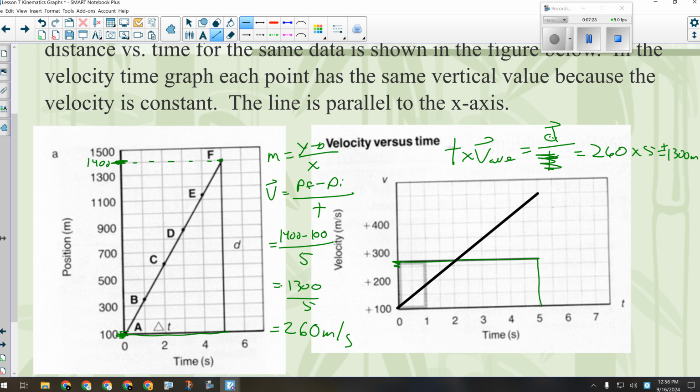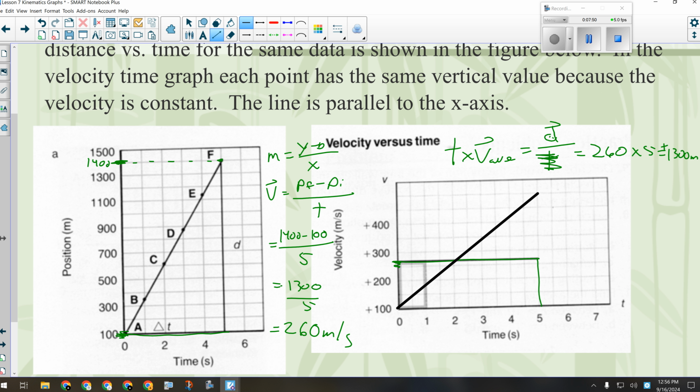Does it still work? What is that object doing? Accelerating. That line shows an object whose velocity is increasing. It went from 100 to 600 in 5 seconds. That's the fast object. It went from 100 meters per second to 600 meters per second in 5 seconds. It is really cooking along.